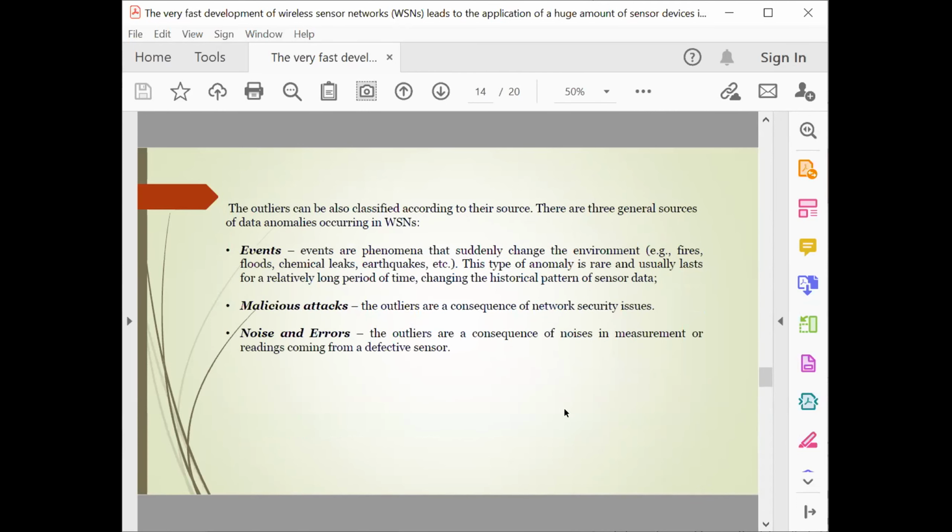The outliers also can be classified according to their source.